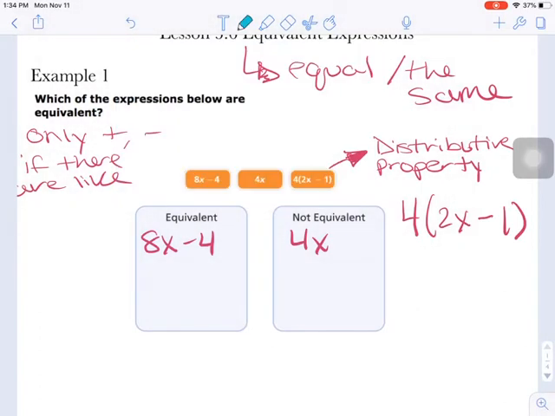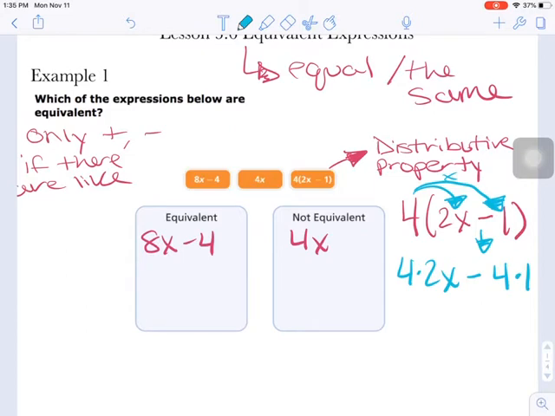So you're going to take this 4 and multiply it by the 2x and multiply it by the 1. Whatever you have on the outside, you multiply by everything on the inside. So this looks like 4 times 2x, keep the subtraction sign the same, minus 4 times 1.